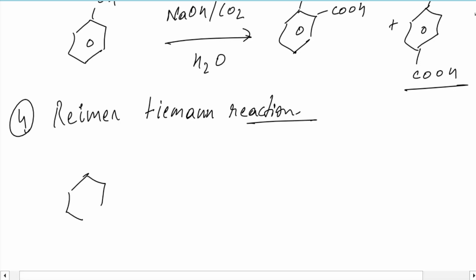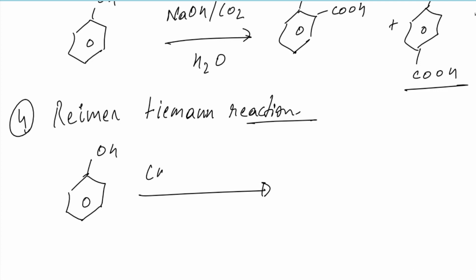The Reimer-Tiemann reaction is the only reaction in our syllabus in which the attacking reagent is dichlorocarbene. Otherwise, we have always observed only electrophiles and nucleophiles as attacking species.